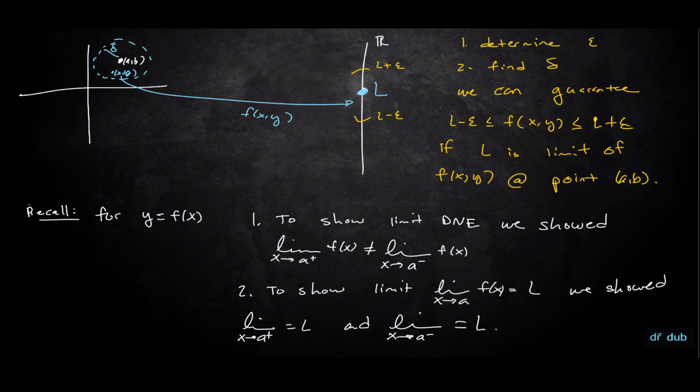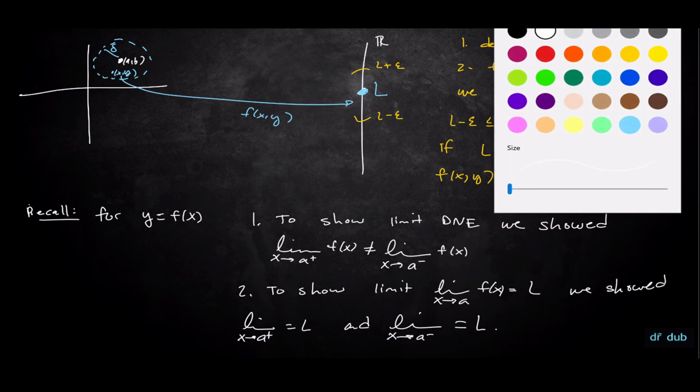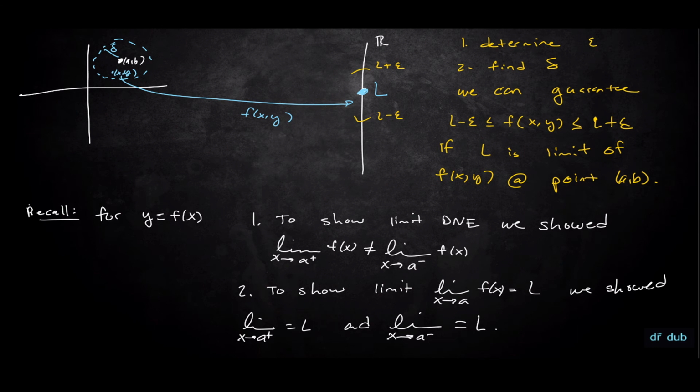So one of these will transfer over to multivariable functions, but the other will not. So think about our circle of radius delta up here. How can we approach this point a, b? Well, we can approach it from the right. We can approach it from the left. We can actually approach it from the top, and from the bottom. We can approach it any way we want to.